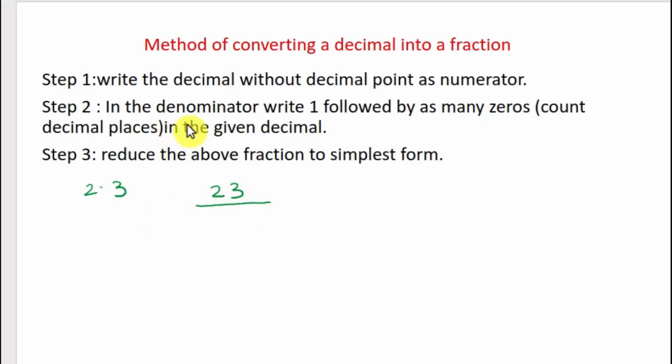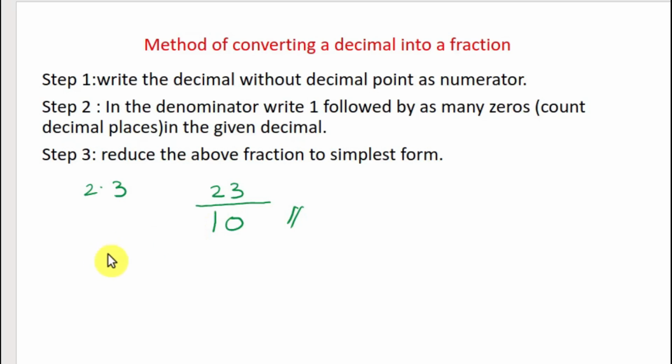Second step, in the denominator, write 1 followed by as many zeros as the decimal places. Here how many decimal places? 1. So 10. Third, reduce the above fraction to simplest form. Here 23 is a prime number, so we can't reduce it.